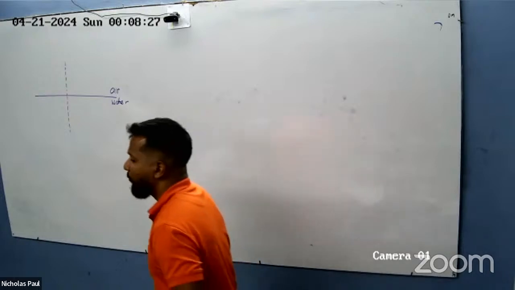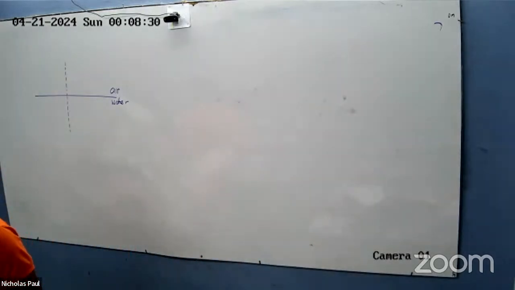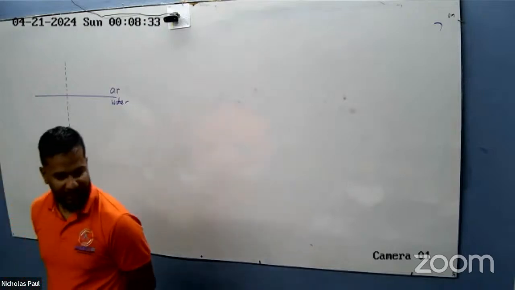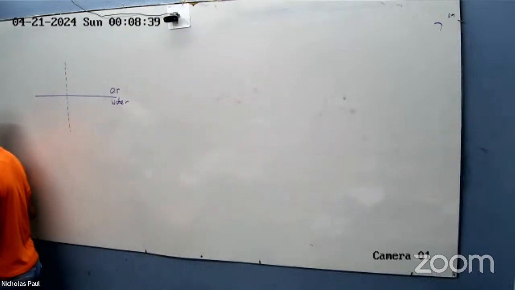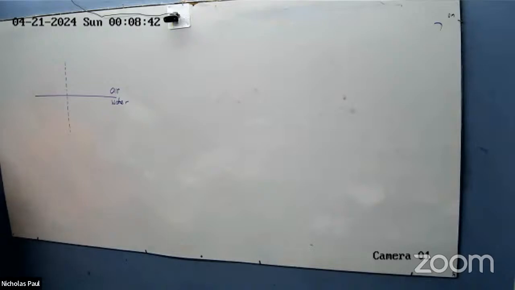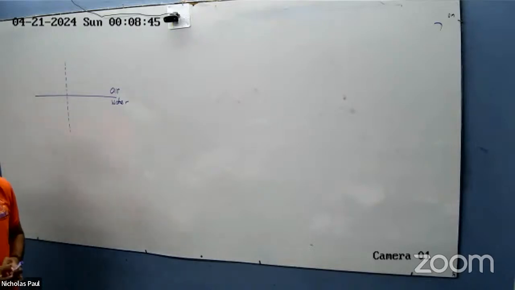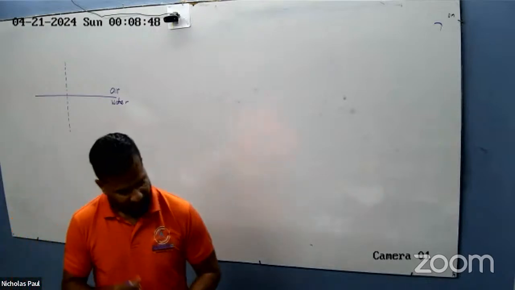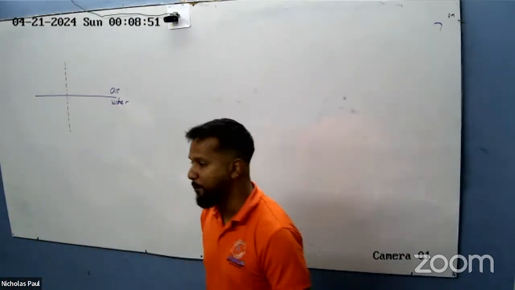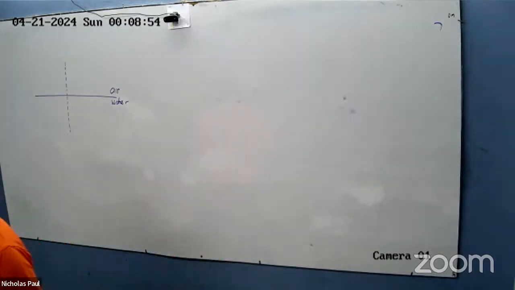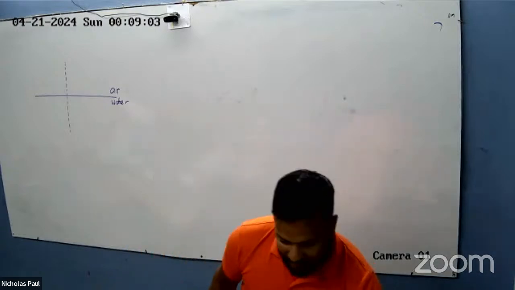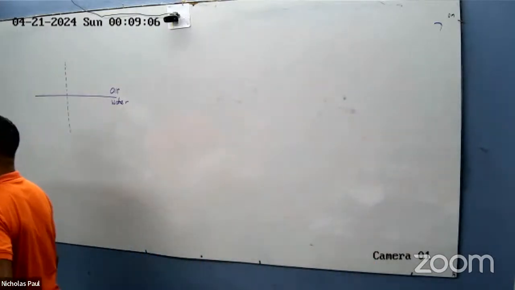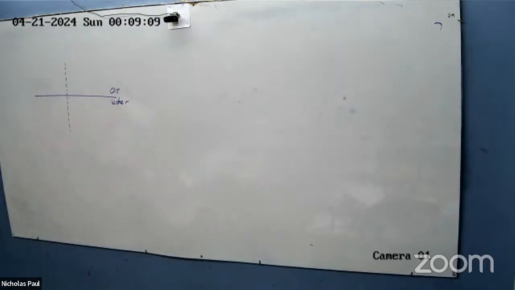From a less dense medium to a more dense medium, the ray bends towards the normal.